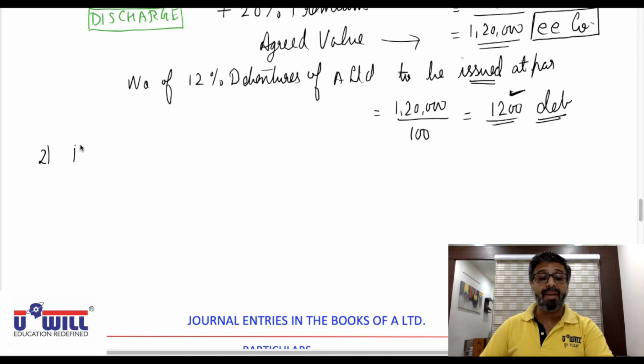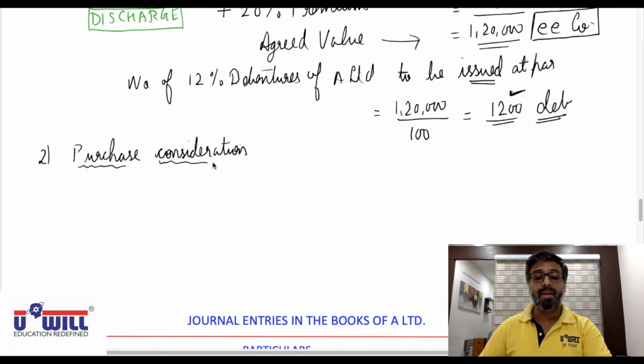Now, second working we will make is of purchase consideration. By which method? Net payment method. So all of you, for the second working give the heading purchase consideration, in brackets net payment method.